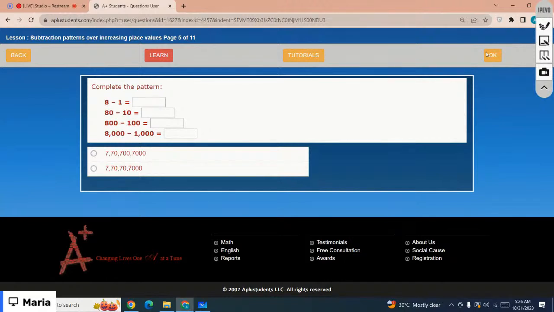Okay, the next one is complete the pattern. 8 minus 1 equals the missing number. Then 80 minus 10. 800 minus 100 equals the missing number. 8,000 minus 1,000 equals the missing number.